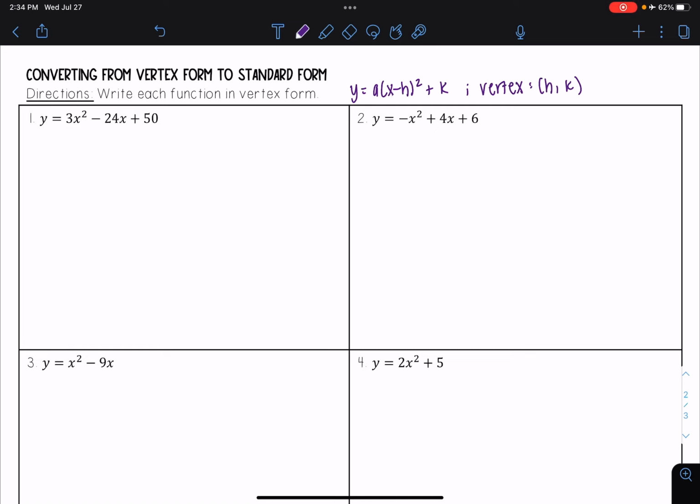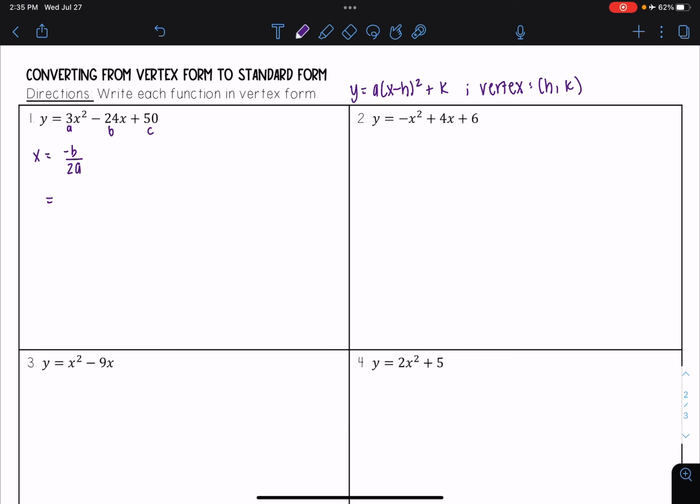And so I know that the x-coordinate of my vertex is going to be the opposite of b over 2a. So I'm going to go ahead and label what my a, b, and c are. My a here is 3. My b is negative 24. And my c is 50.